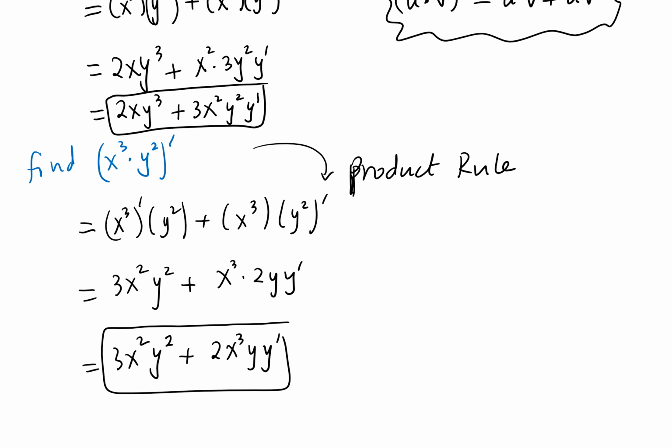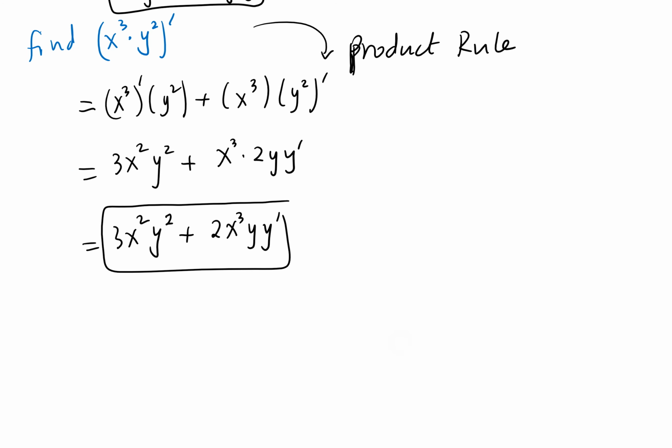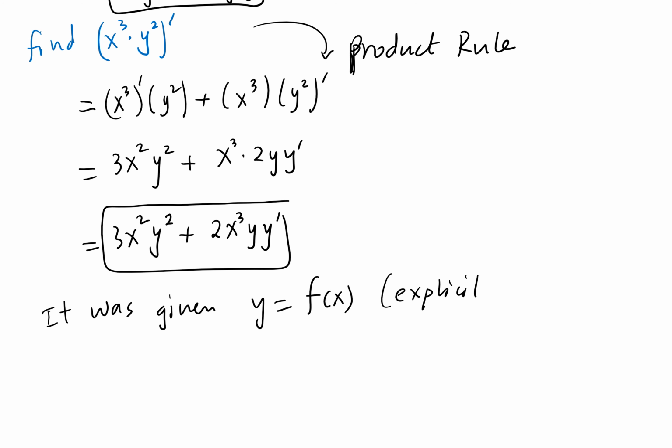So now, why do we call it implicit differentiation? Well, in the previous sections, y was given explicitly as a function of x, and all we did was find y prime.